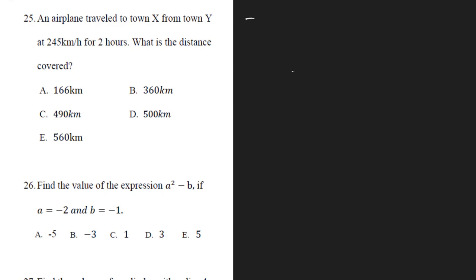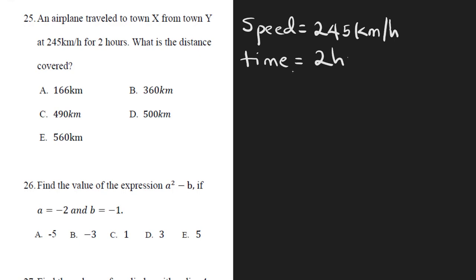So the speed is equal to what? 245 km per hour. Is that not? And 2 hours, that's our time, right? So remember that we have a formula. We are looking for what? Distance. The question says, what is the distance? So distance, we don't know it, right?